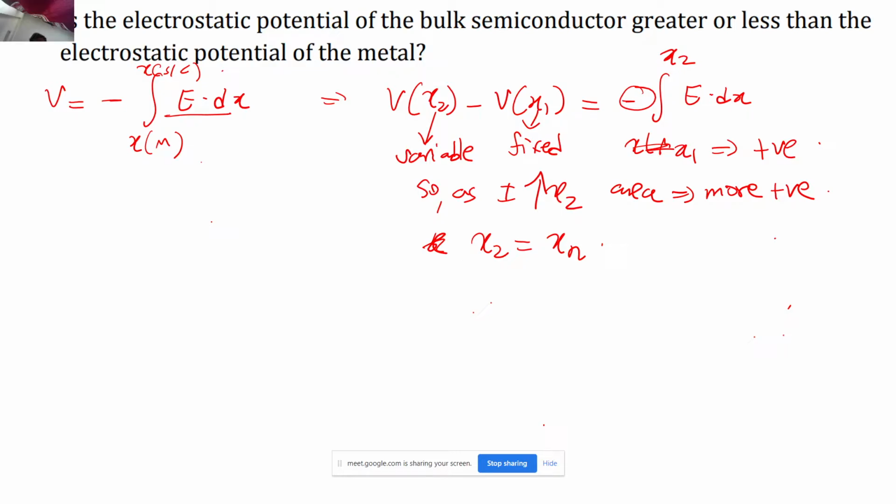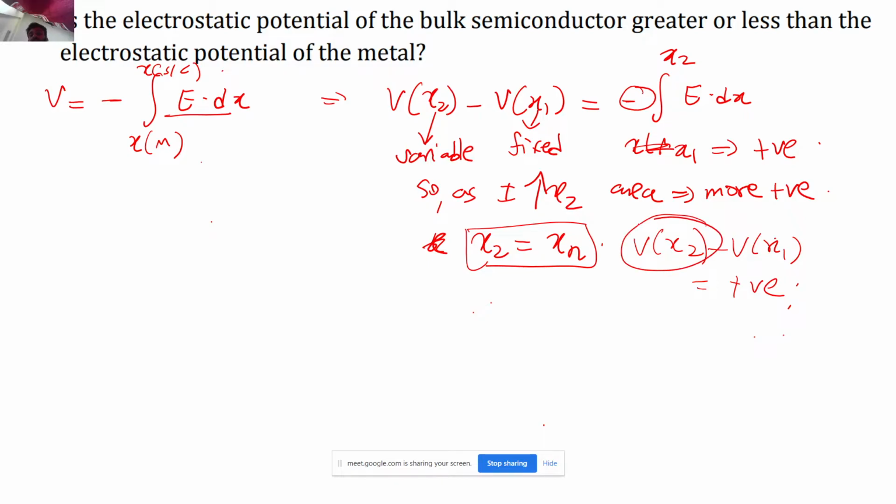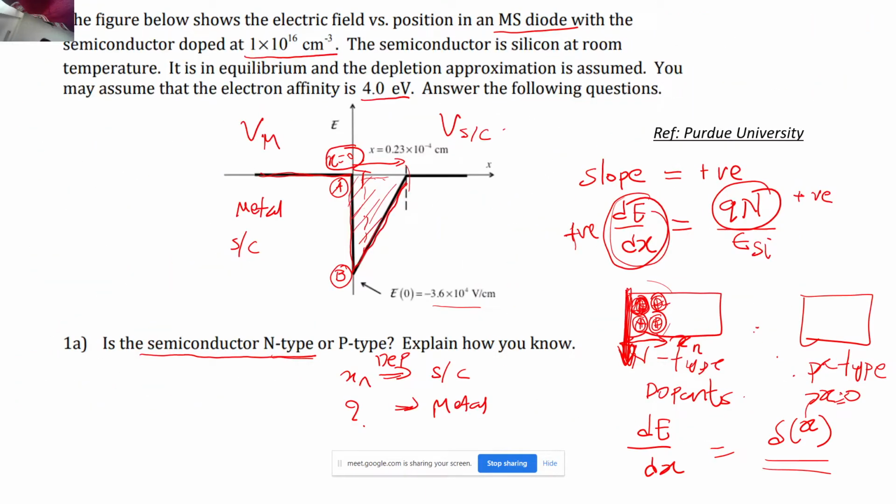So now when I reach this condition, the potential at that particular point, V of x2 minus V of x1, with x1 the leftmost point, is a positive quantity, correct? So this means that the V of x2 value should be greater than V of x1, right? And what is present on the right side is the semiconductor.